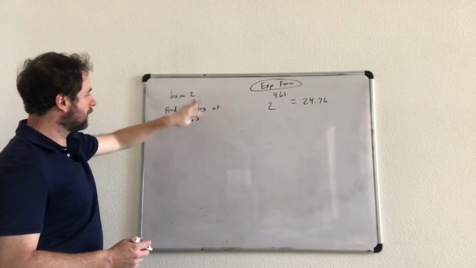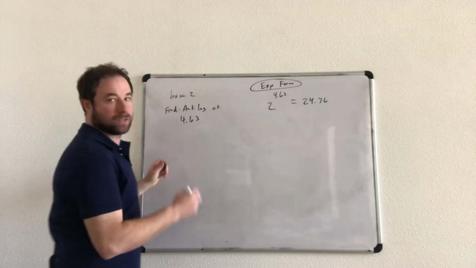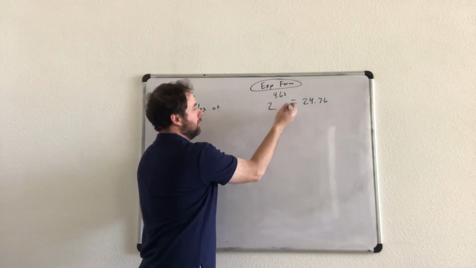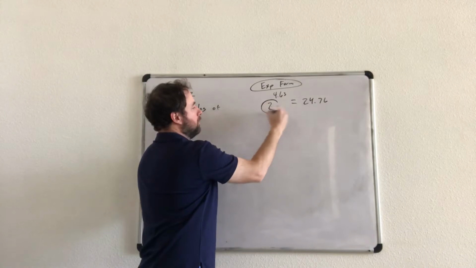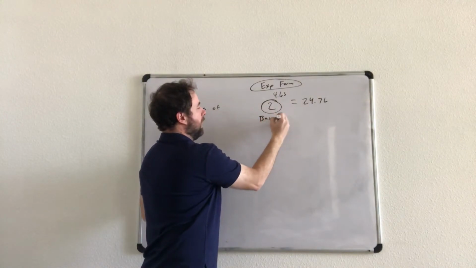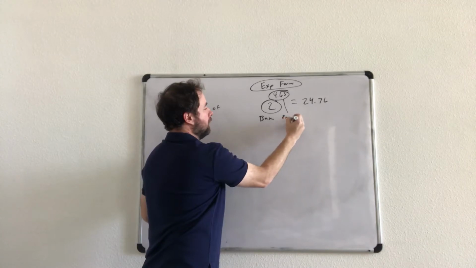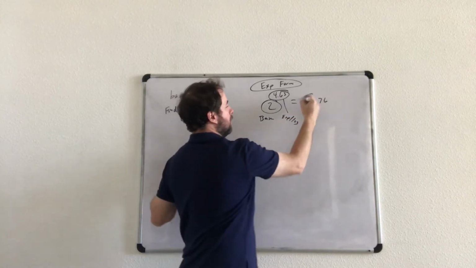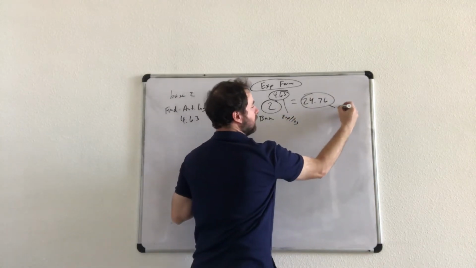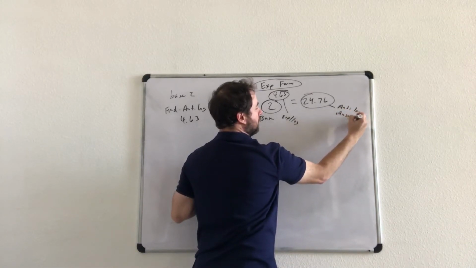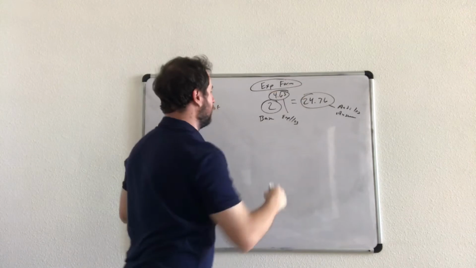Well, in order to understand how to do this, you got to go back to remembering how exponential form works. Okay, this is a logarithm problem. 2 is the base, 4.63 is the exponent or the log, and 24.76 is the antilog or the answer to this problem.